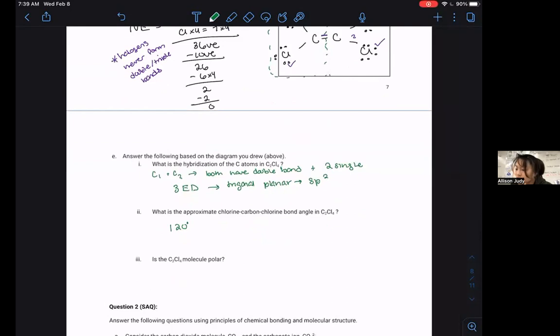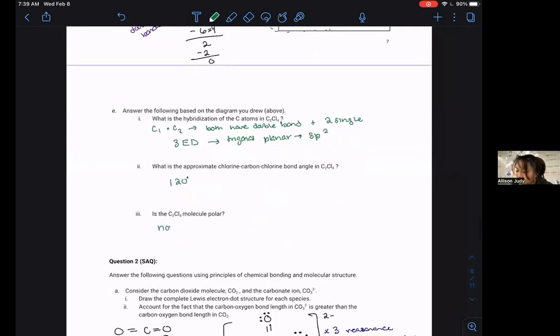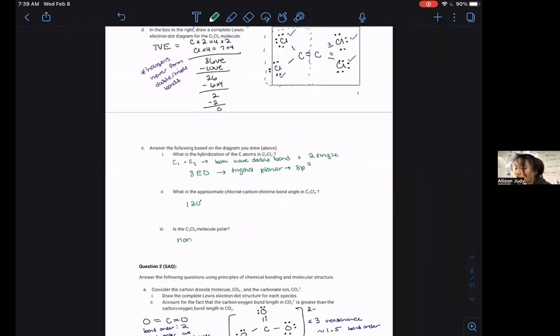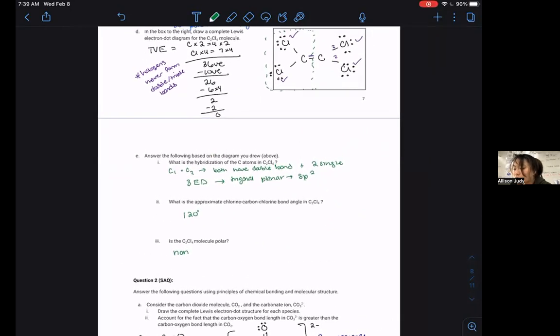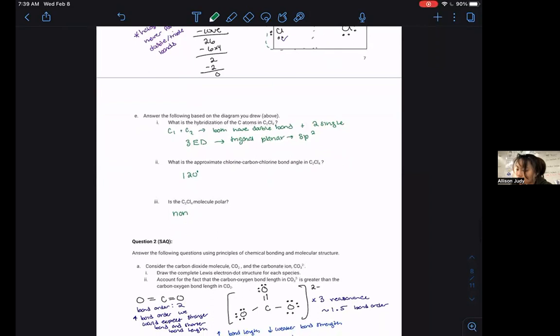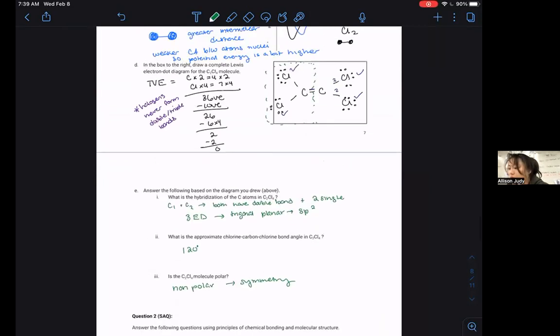That rope wouldn't go anywhere. So because of the symmetry, or the equal pull of the polarities, because carbon and chlorine are definitely polar individual bonds, the overall molecule will have the canceling out of those individual polar bonds. And what we get is a non-polar molecule due to the symmetry of the molecule shape itself.